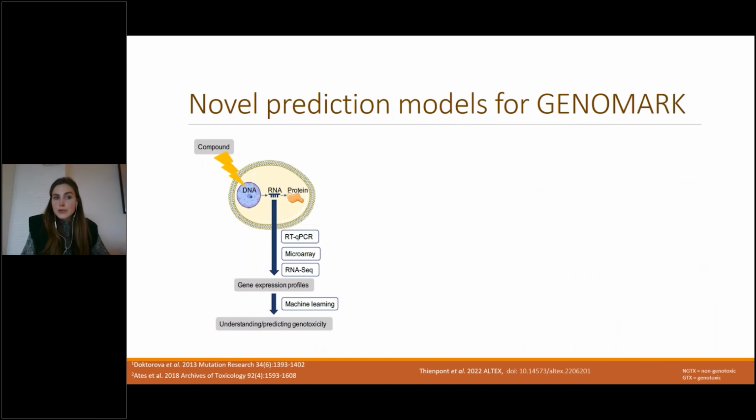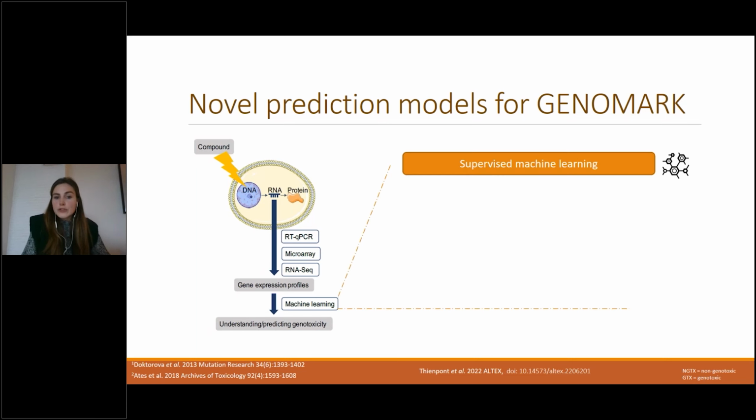Since the previous prediction model was still open for some improvements, we developed new prediction models for GENOMARK based on machine learning. We first compared unsupervised machine learning algorithms with supervised machine learning algorithms.